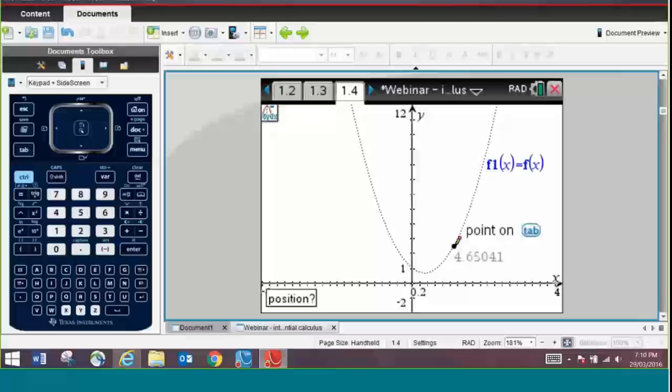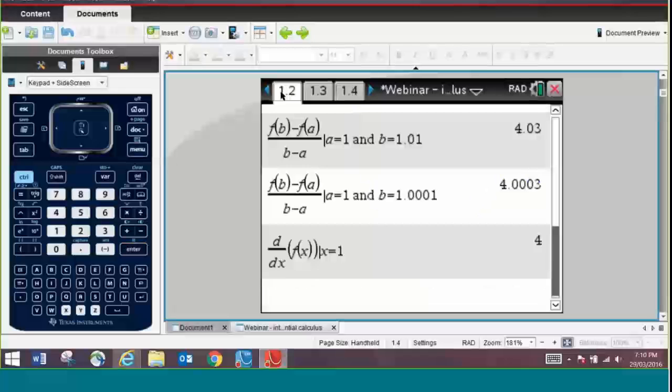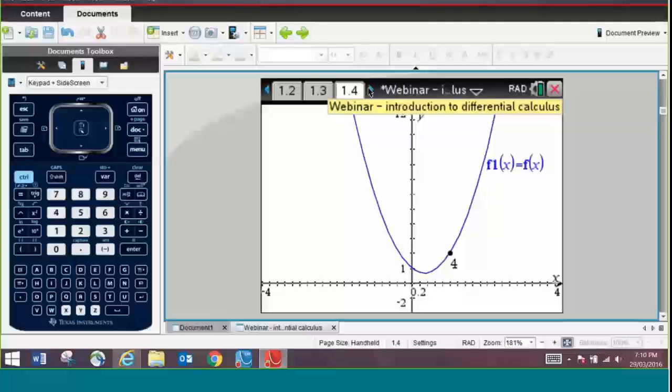But if I want to choose a particular value, then I just need to enter that value. So if I type in 1 and enter, it tells me the gradient is 4. So we can see that that matches up with what we had here on the calculate page.